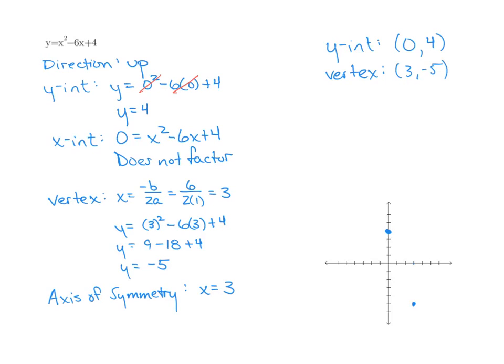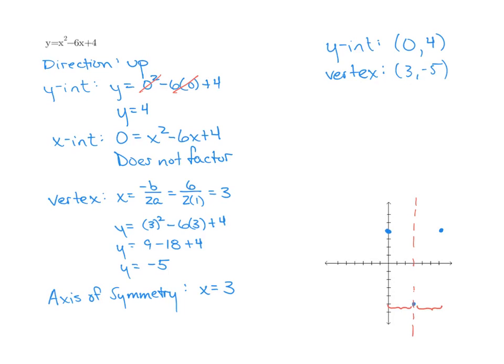Okay, so now how are we going to use this to find another point? So what we're going to do is, if you look here, if we look at the vertex, to get to the y-intercept, I go 3 to the left, and I have a y-coordinate of 4. So we want to do the same thing on the right. We want to go 3 to the right. If we go 3 to the right, we should also have a y-coordinate of 4.